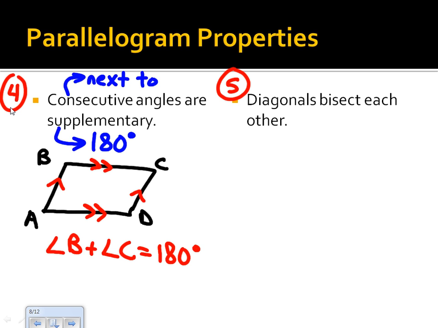So consecutive angles, she said B and C were next to each other. So you add them up together, how much do they equal? 180. Another example? Just give me one more. BA, so angle B plus angle A is equal to 180 degrees.